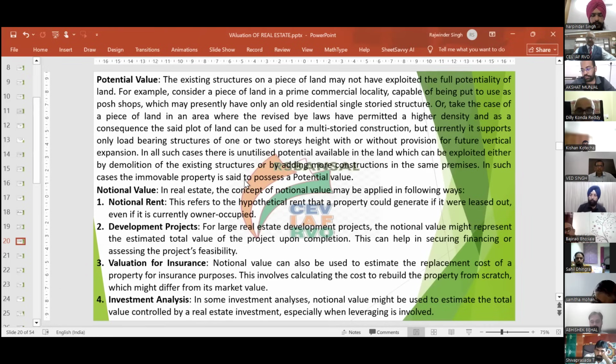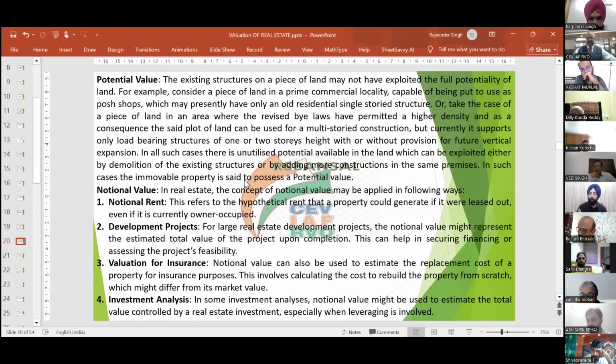Let us suppose you have bought a land where, as far as bylaws, you can construct a 3-story building. So it will have more potential value. But if FAR says you cannot construct more than a single-story building, then that plot of land will have a lower value, lower potential.